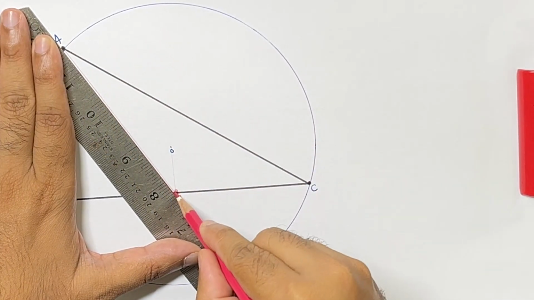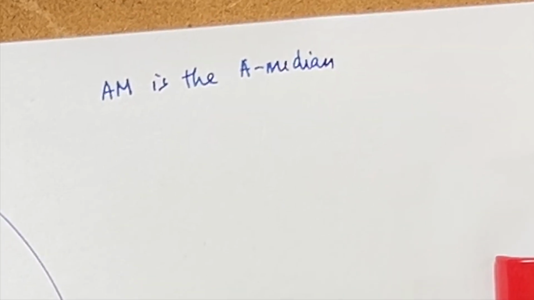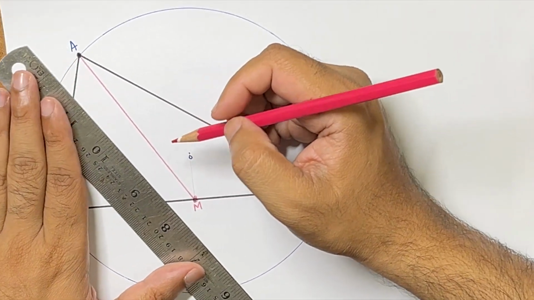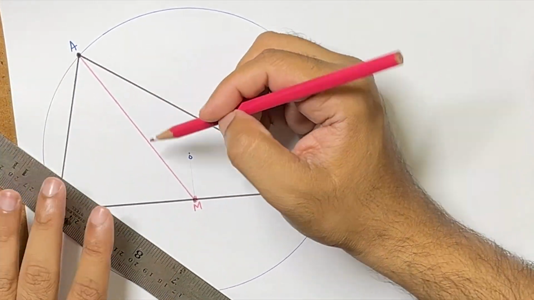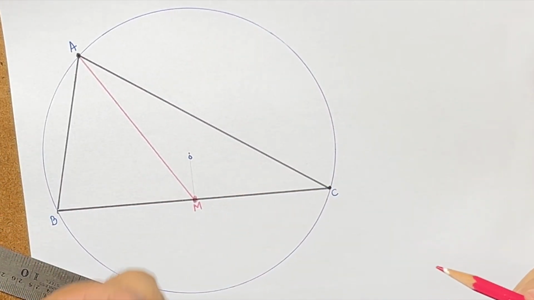Okay, so we have already seen in the previous video that if you consider all the three medians, they meet at a common point called the centroid, right?